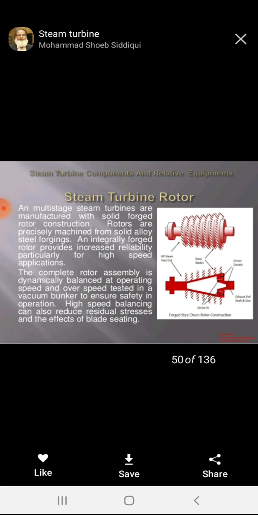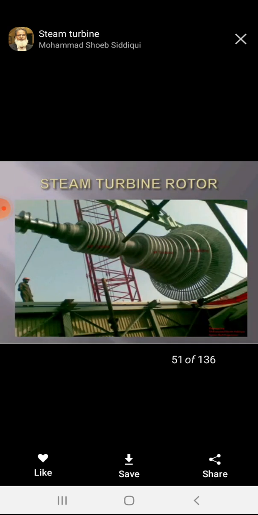The complete rotor assembly is dynamically balanced at operating speed and overspeed tested. The vacuum bunker ensures the shaping during the operation. High speed balancing can also reduce the stresses on the blades.